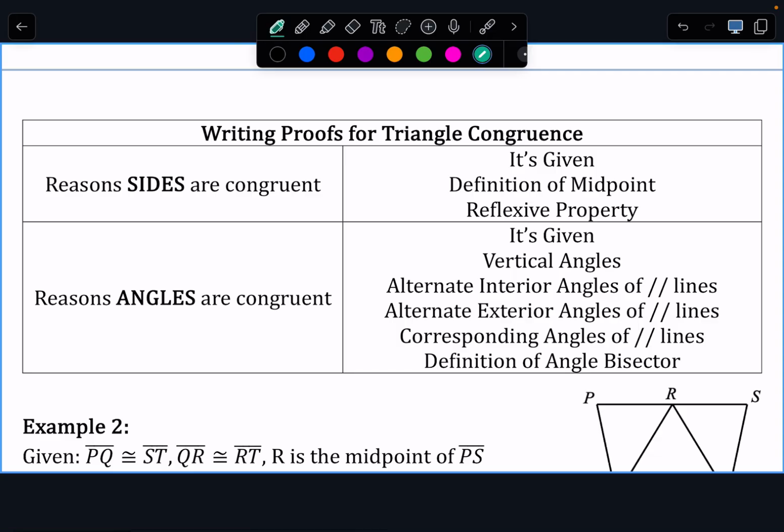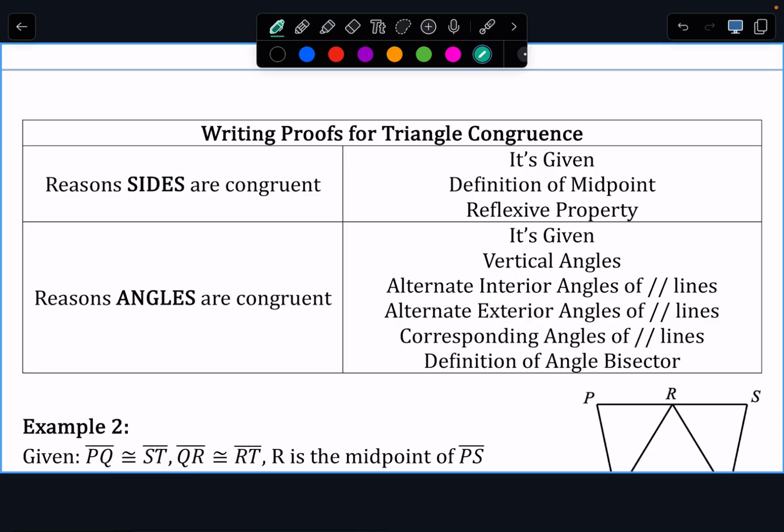Honestly, of all the proofs you've had to do, in my opinion, these are the most straightforward because you have a checklist. You need so many sides and angles congruent, and then you're going to know what you need in your proof before you write it down.